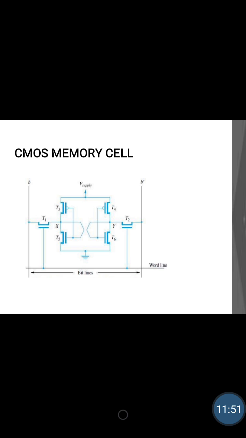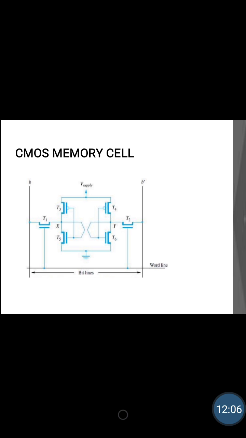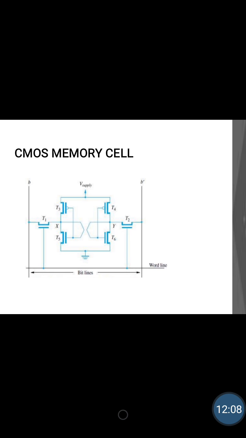So, if the cell is in state 1, the voltage at point x will be high, means x is equal to 1. This is by having transistors T3 and T6 on, while T4 and T5 are off. When I turn the word line active, T1 and T2 will turn on.